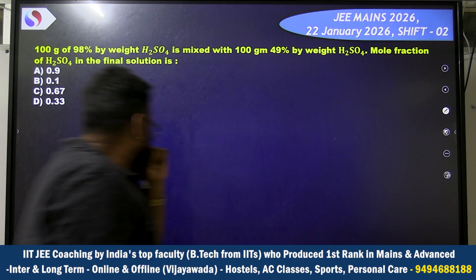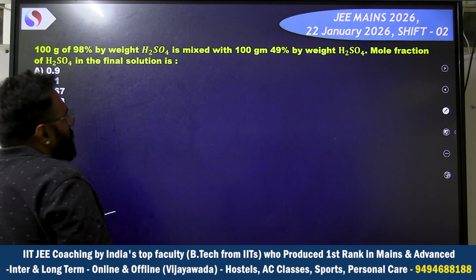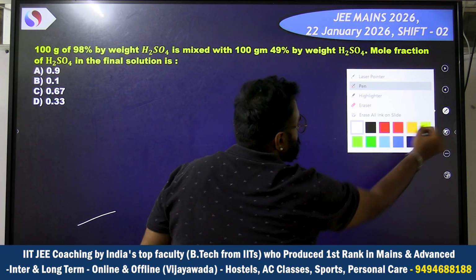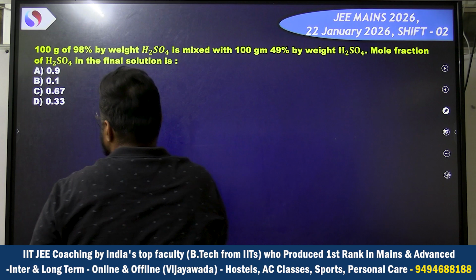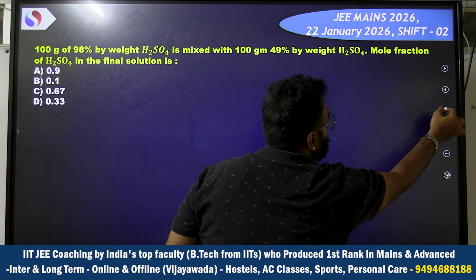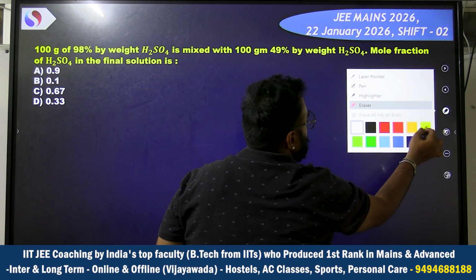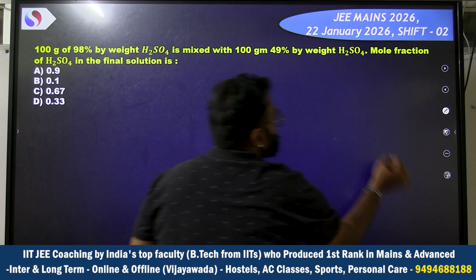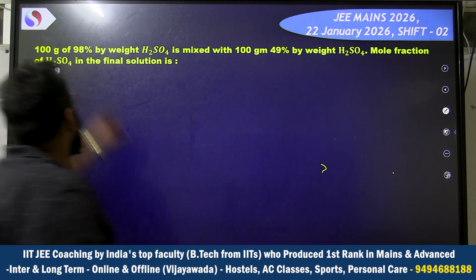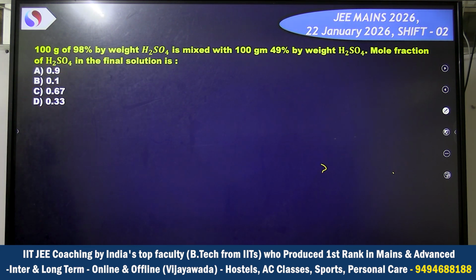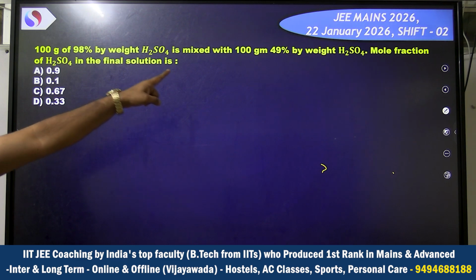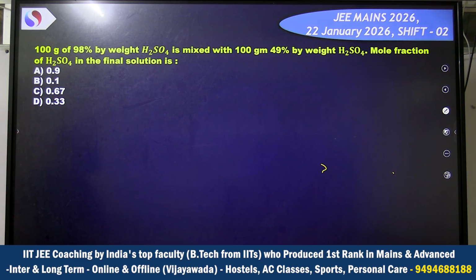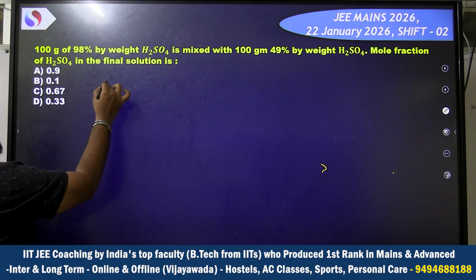Next, 100 gram of H2SO4. The question says 100 gram of 98% H2SO4 is mixed with 100 gram of 49% by weight of H2SO4.